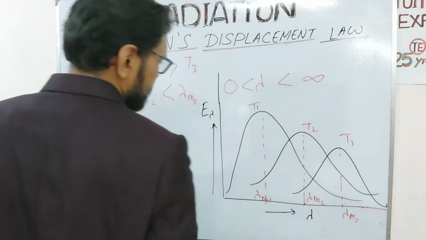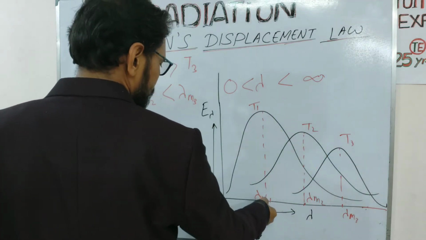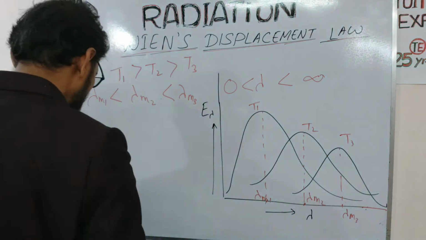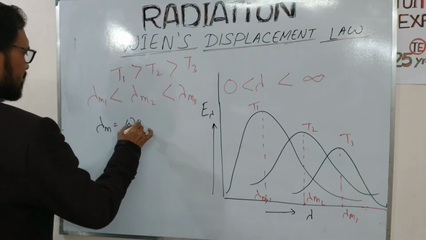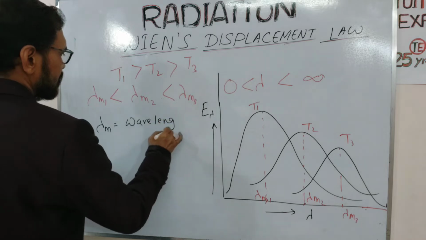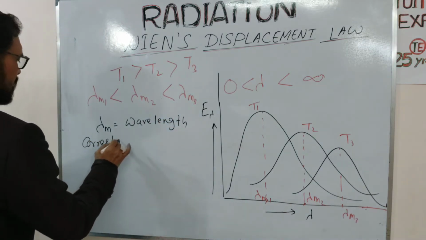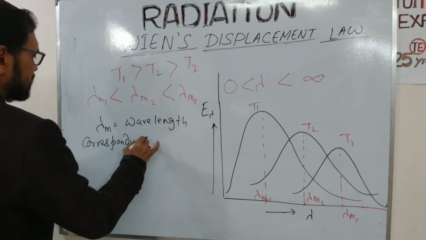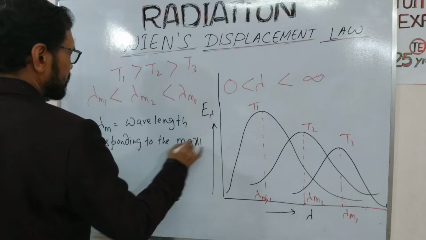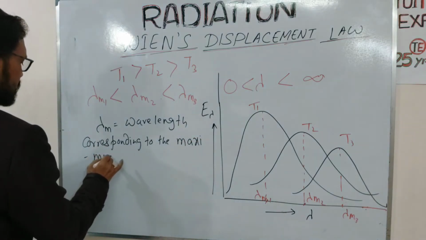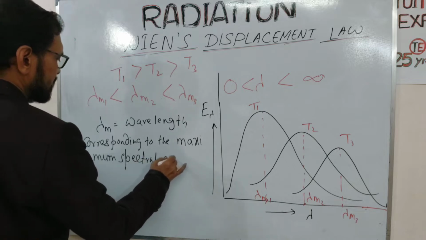That is, as the temperature gradually increases, the wavelength lambda m, the wavelength corresponding to the maximum spectral emissive power, decreases.